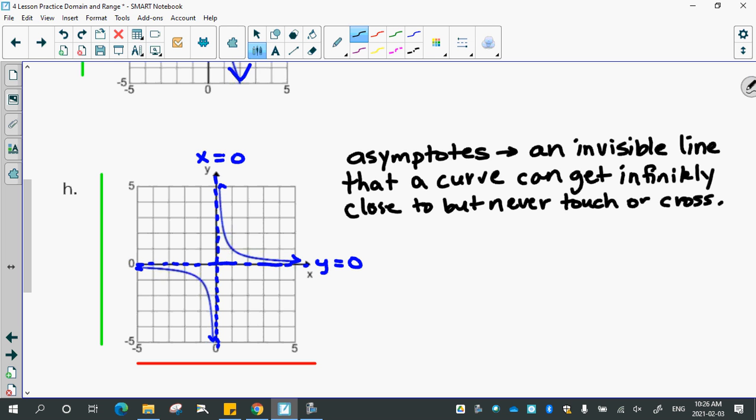So that's our definition of an asymptote, an invisible line that a curve can get infinitely close to but never touch or cross. And it is part of the graph, okay? Even though it's invisible, it's part of the graph. You have to put it on.